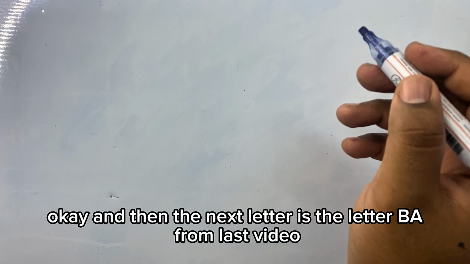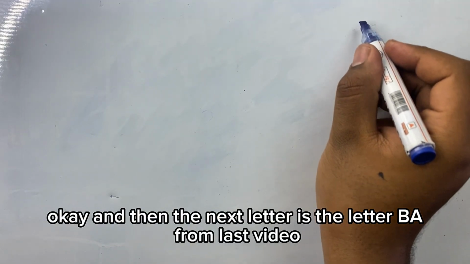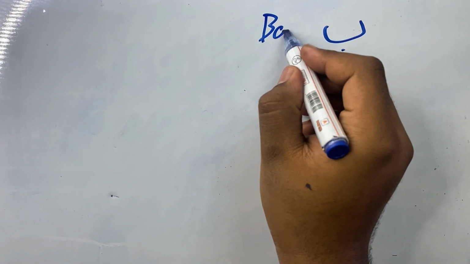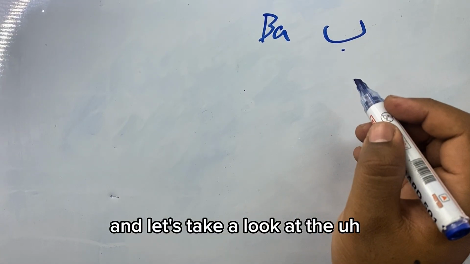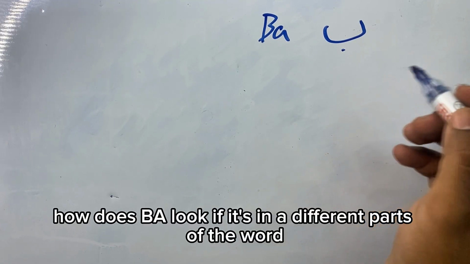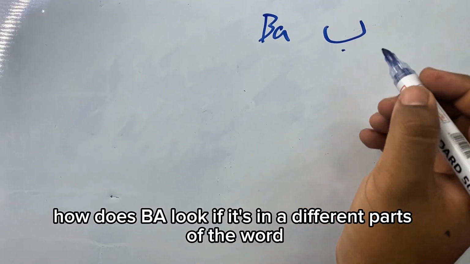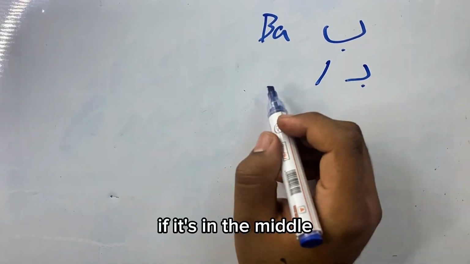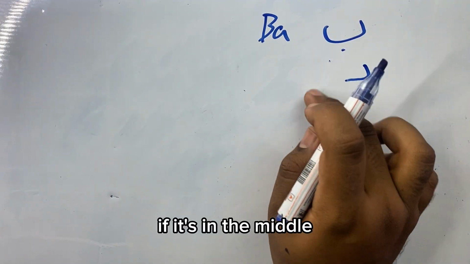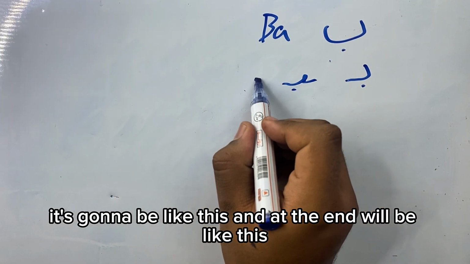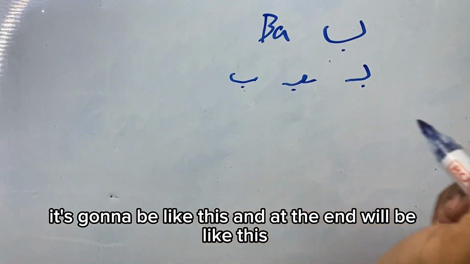Okay, and then the next letter is the letter Ba from last video. Let's take a look at how Ba looks in different parts of the word. If it's at the beginning, it's going to be like this. If it's in the middle, it's going to be like this, and at the end it will be like this.